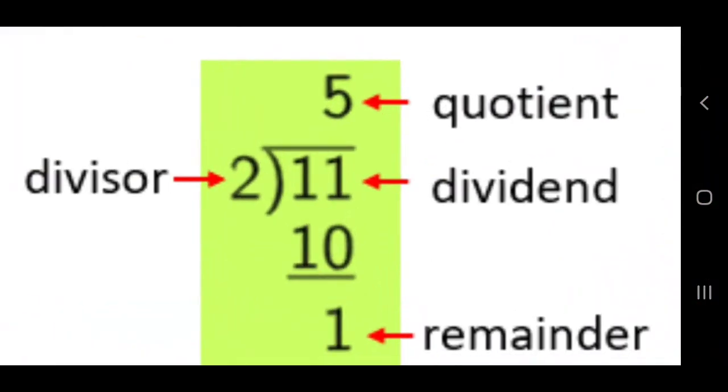The terms you understand. 11 divided by 2. Dividend, divisor, quotient, remainder. I am giving the time to write.